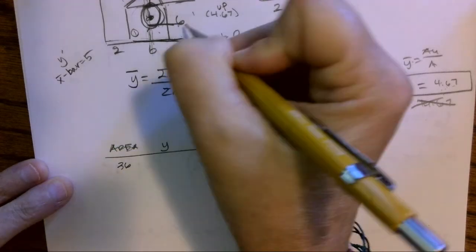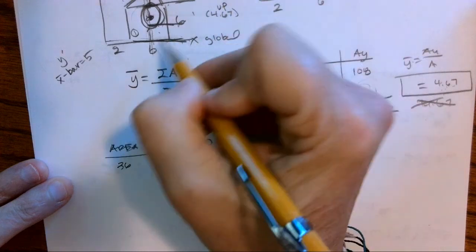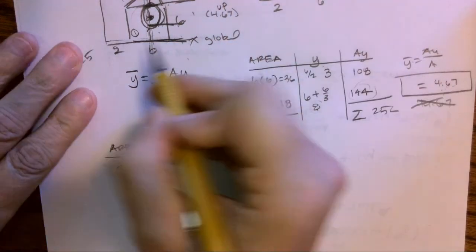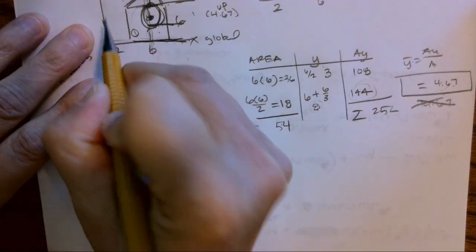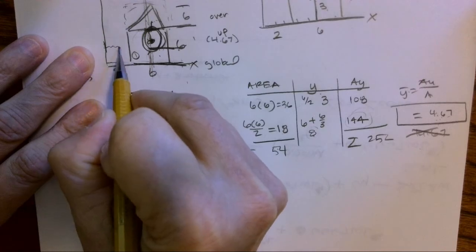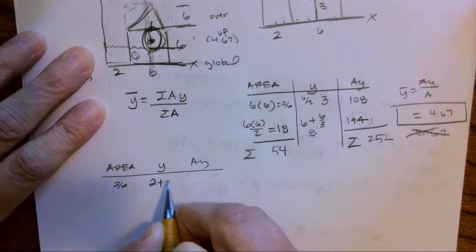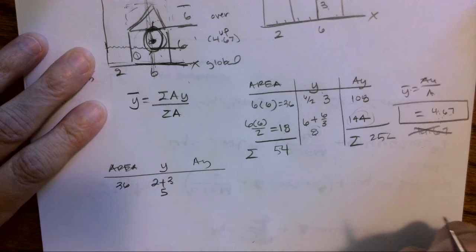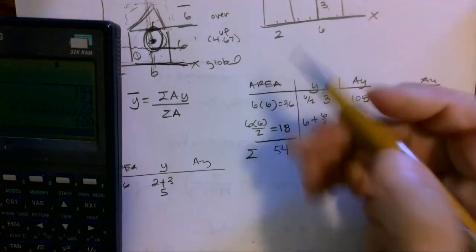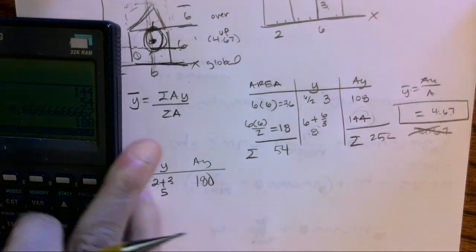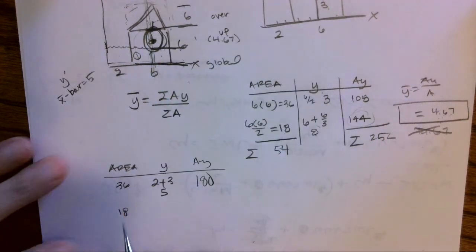Base times height, 6 times 6 is 36. x is now going to be 2 plus 3, because I have to walk from that global axis over 2 just to get to the rectangle so that I can continue to walk my 3. Okay? And then we have 36 times 5, which is 180. And the area of my triangle hasn't changed, it's 18.